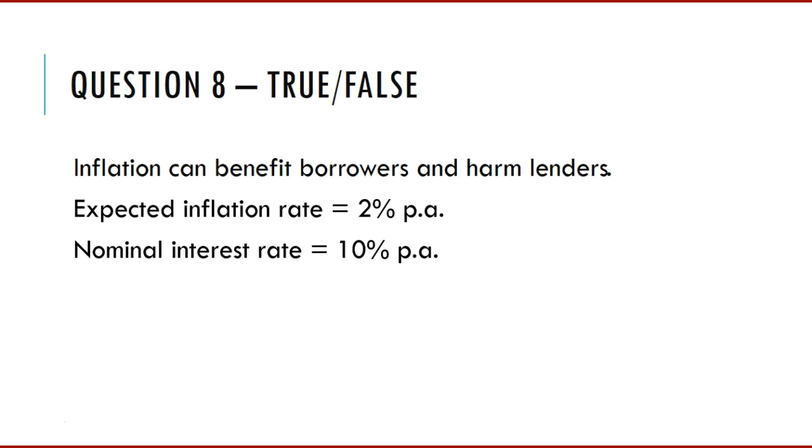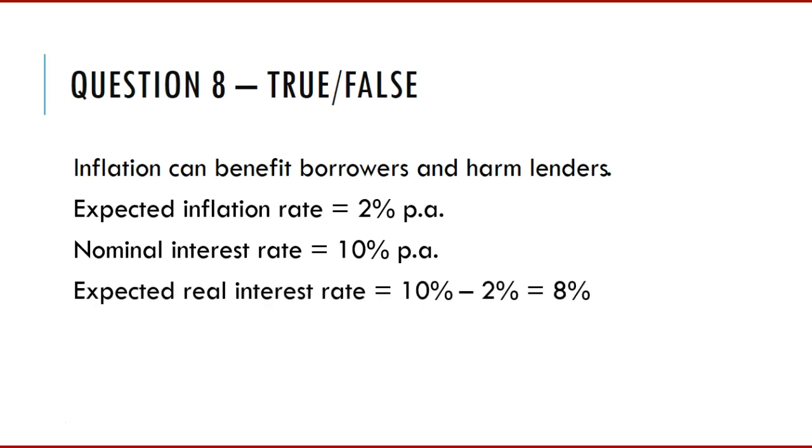So at the end of the loan, you will have to pay me back the principal plus 10%. And you do some calculations and you figure out that means that the real interest rate that I am charging my friend is 8%.